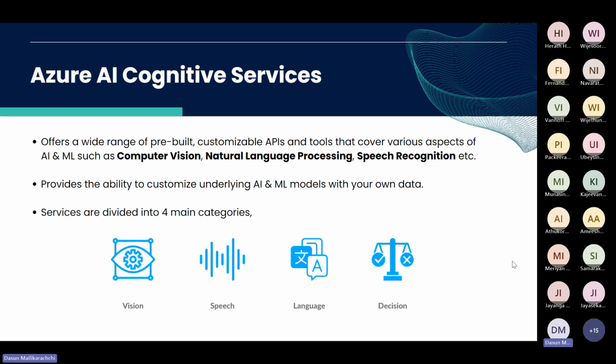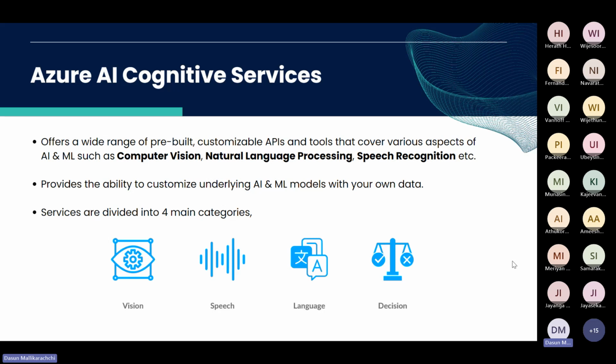As I mentioned earlier, the services are divided into four main categories. We have vision, which involves the computer vision and image processing capabilities of Azure AI services. Then you have speech, which is Azure AI's stack of speech recognition services.